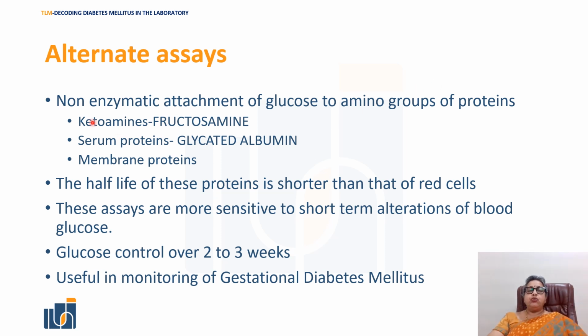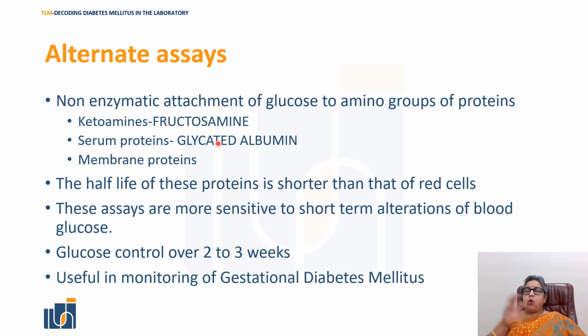It can attach to ketoamines like fructosamine. It can attach to serum proteins like albumin or other membrane proteins. So when this glucose attaches to any one of these, the half-life of these proteins is shorter than red cells. So these assays are more sensitive to short-term alterations of blood glucose.